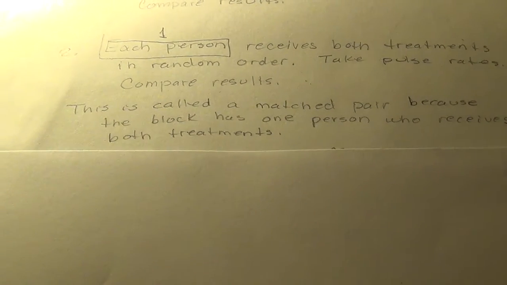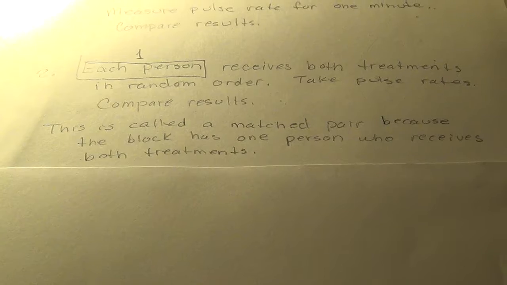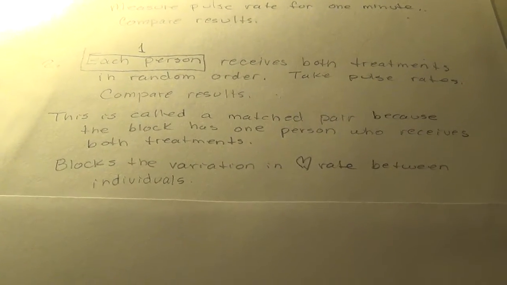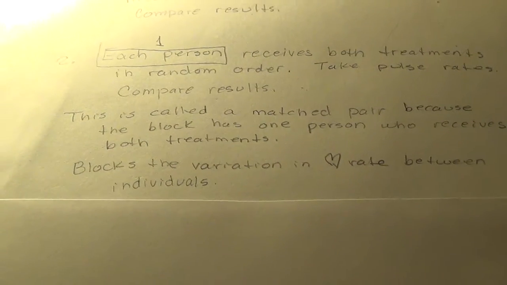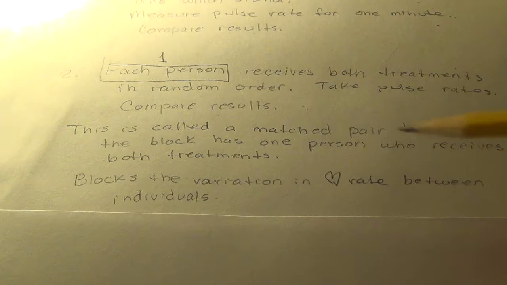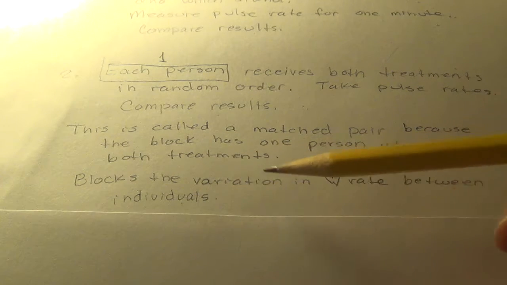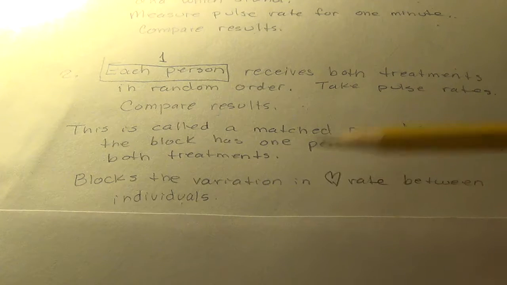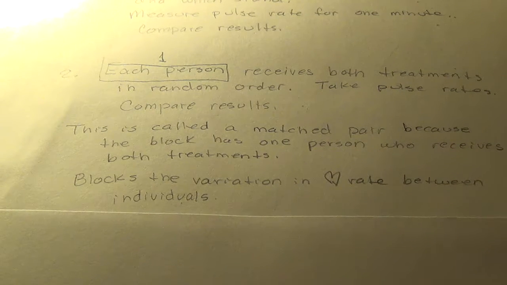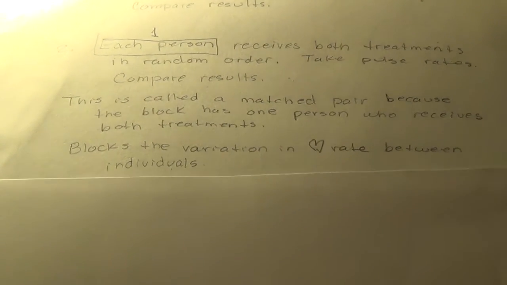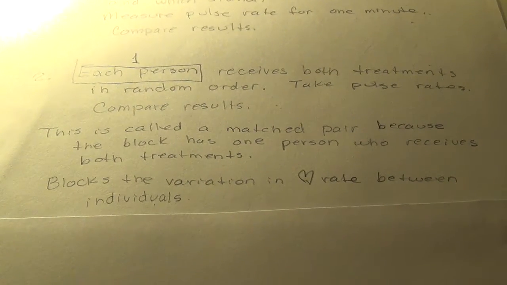And this is called a matched pair because the block has 1 person who receives both treatments, and what is being blocked here during a matched pair, it blocks the variation in heart rate between individuals. So if we use the same individual sitting and standing, then we're blocking all the natural variation that we all have in heart rates. So let's look at some results of that and see what you think.